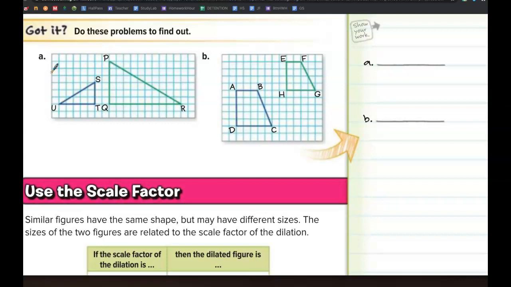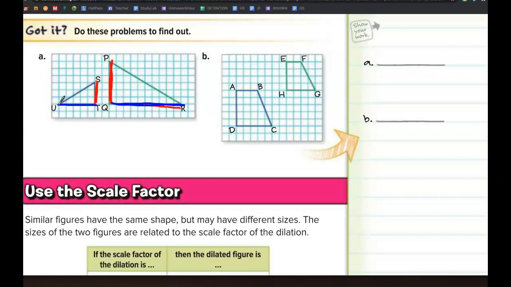What are the best ones? P and Q and Q and R. Yeah, because I can just count my units. What does PQ correspond with? S and T. And then QR corresponds with TU.